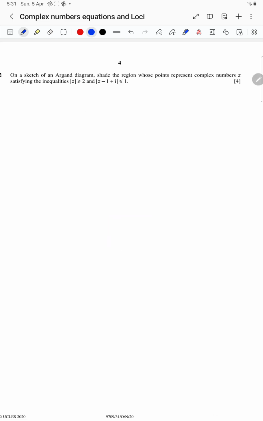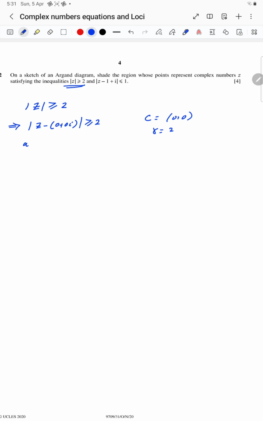Okay guys, here goes another question of a different case, where now you are dealing with two inequalities. The first says |z| is bigger than or equal to 2, which is a circle with center 0 + 0i, center (0, 0) and radius bigger than or equal to 2.